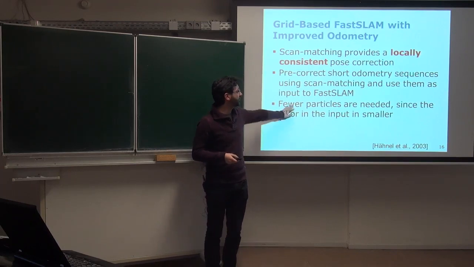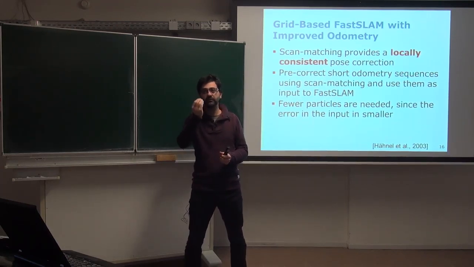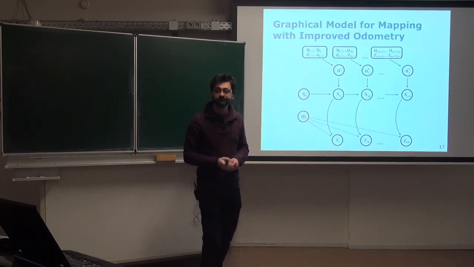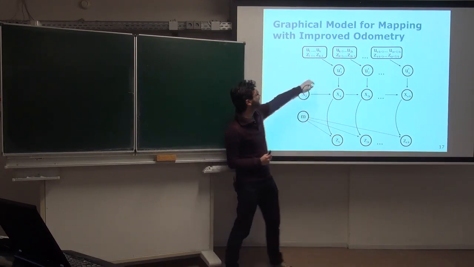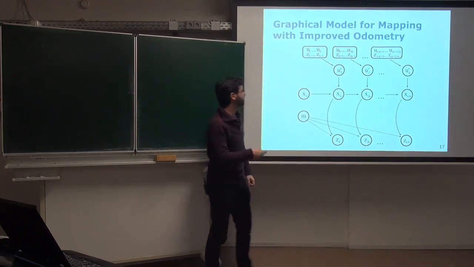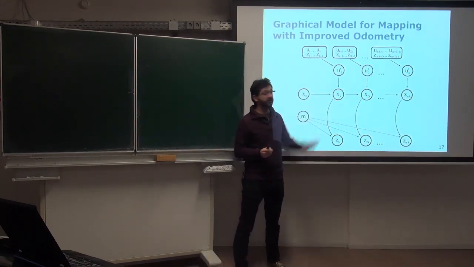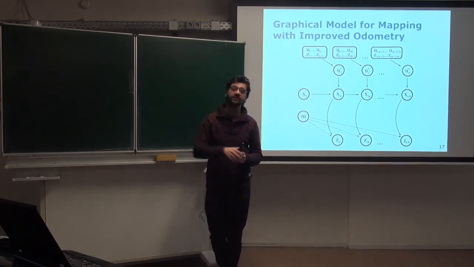And we need fewer particles for doing this because the input error becomes smaller, the uncertainty in the motion is smaller, so I need fewer particles for covering the state space. If you want to see this from a graphical model point of view, before we had the U which were coming directly from the odometry, and now we have a set of discrete steps, which is k, 2k, and so on, where k is the short interval where we accumulate the data and do the incremental scan matching.